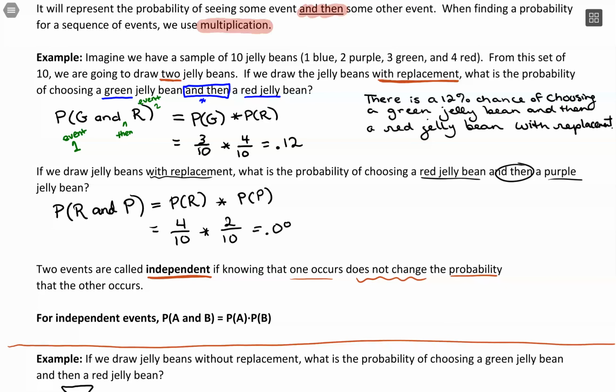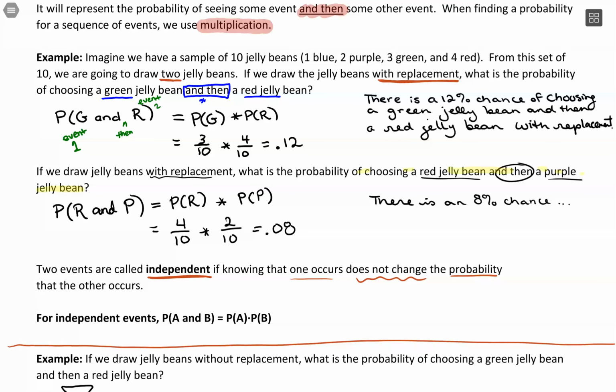So this will be a 0.08. So there is an 8% chance. And then, like I was saying in previous videos, you could just start copying the wording. There's an 8% chance of choosing a red jelly bean and then a purple jelly bean. So I would just copy that down there.